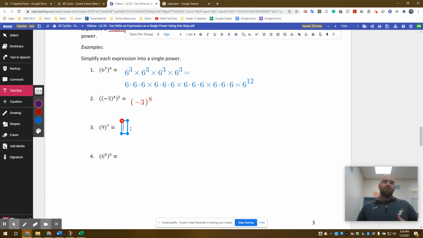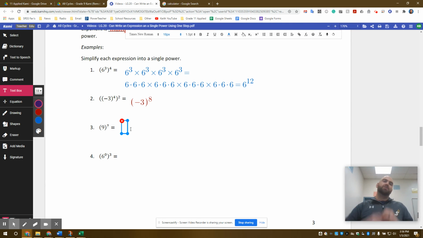Okay, this one looks a little bit tricky, but it's really trying to show you that what's inside is a power as well. 9 to the power of 1 raised to the power of 7. We have an exponent 1 on that 9, and an exponent 7 outside.